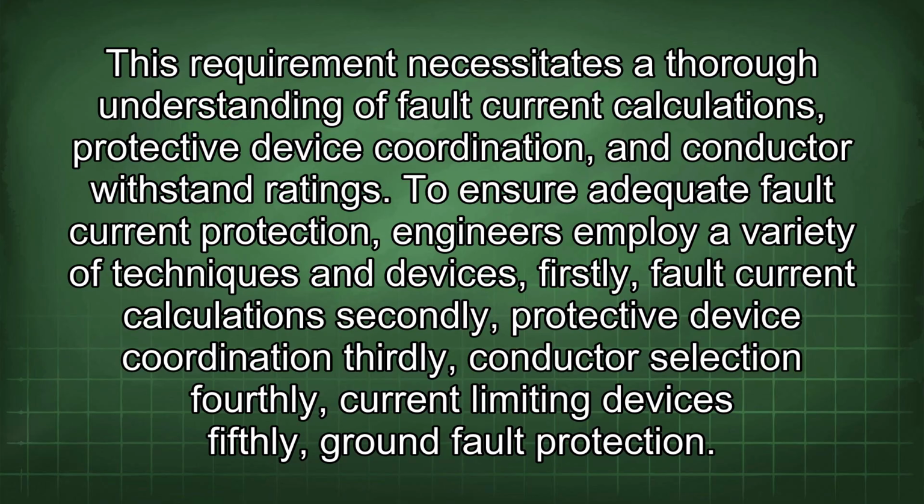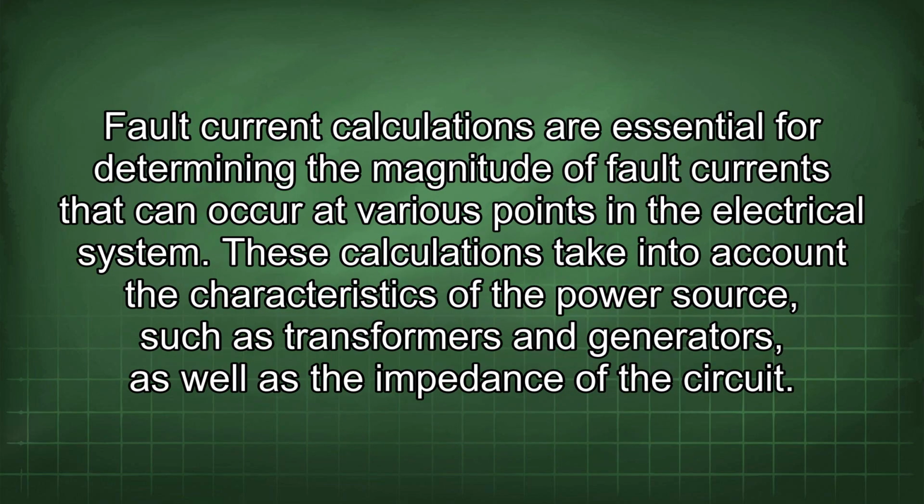To ensure adequate fault current protection, engineers employ a variety of techniques and devices. Firstly, fault current calculation. Secondly, protective device coordination. Thirdly, conductor selection. Fourthly, current limiting devices. Fifthly, ground fault protection. Fault current calculations are essential for determining the magnitude of fault currents that can occur at various points in the electrical system.